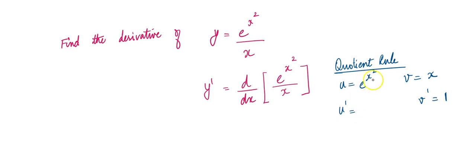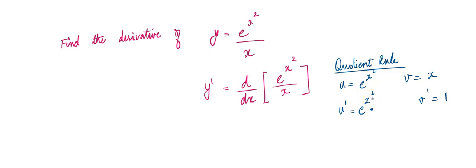But u prime, you notice that this is not a plain x, right? It's got x squared actually. So the exponential derivative rule tells us that we need to take the derivative of the e, thankfully it is the same, so e power x squared itself, times derivative of that power, right?